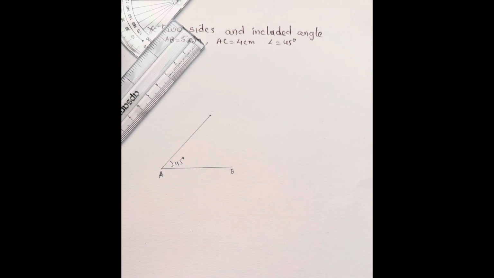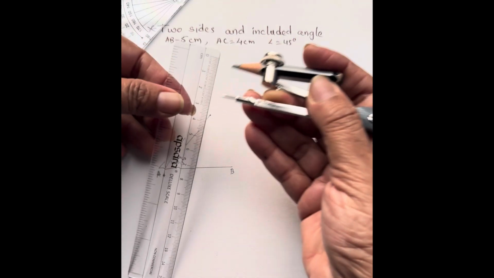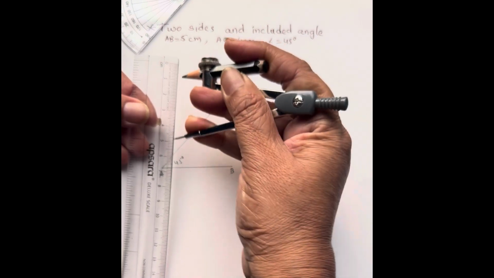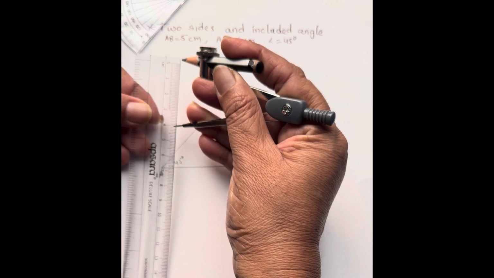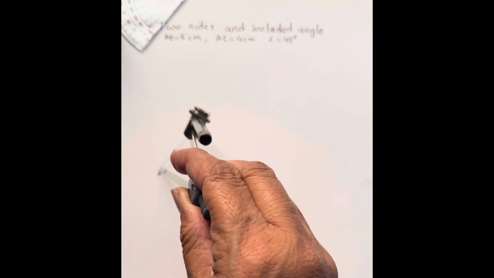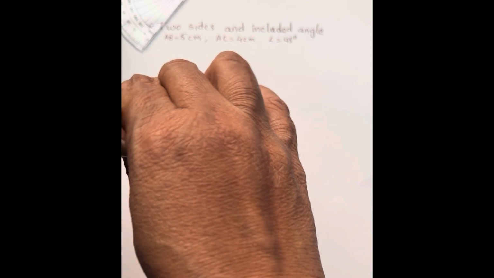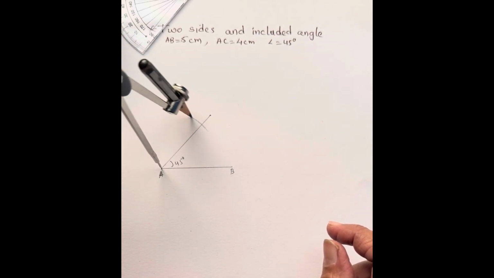Right? Now AC is given as 4 centimeter. So with the help of the compass and the scale, we measure 4 centimeter. Keep A as a center, and cut an arc at 4 centimeter.